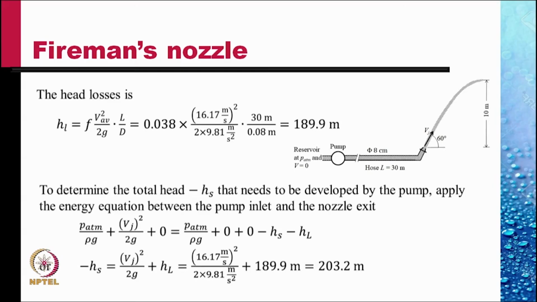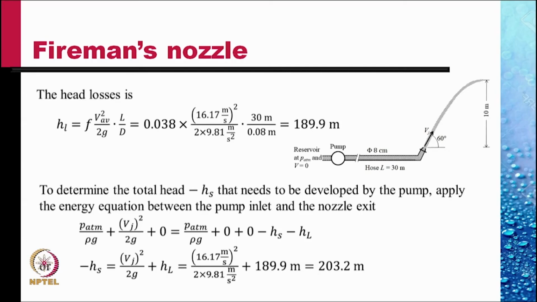Reduce the flow speed, because the head loss depends on the square of the velocity through the pipe. So we want to reduce the velocity through the pipe, but the velocity at the jet must still remain the same, 16.17 meters per second, if we have to reach a height of 10 meters.